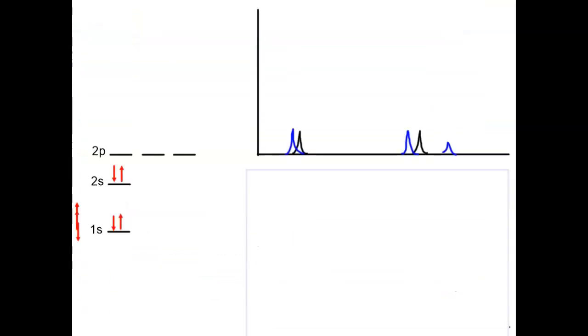So let's take a look here at the electron configuration of beryllium. To the right, I have a PES diagram, and the black peaks represent beryllium. Now if I add an electron, I have boron.